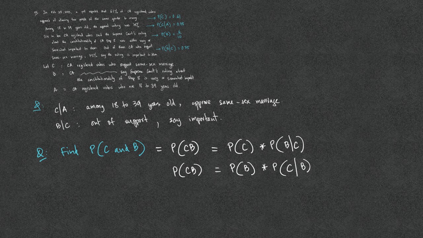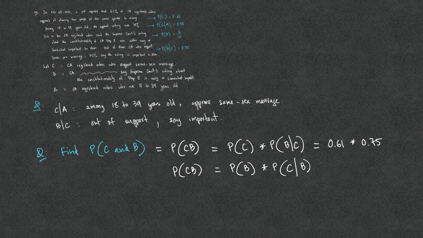Well, it depends on what information we have. For example, do we have P of C? Yes, we do. Do we have P of B given C? Yes, we do. Thus, the probability of C times the probability of B given C is 0.61 times 0.75.